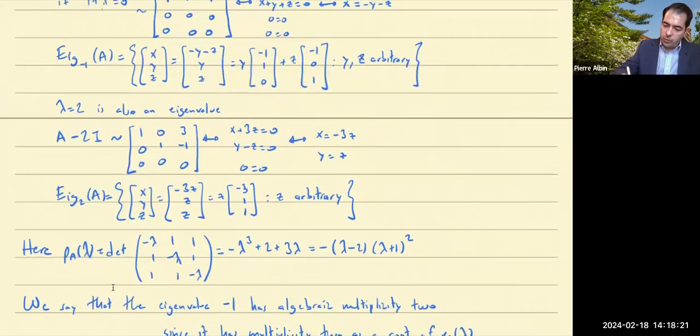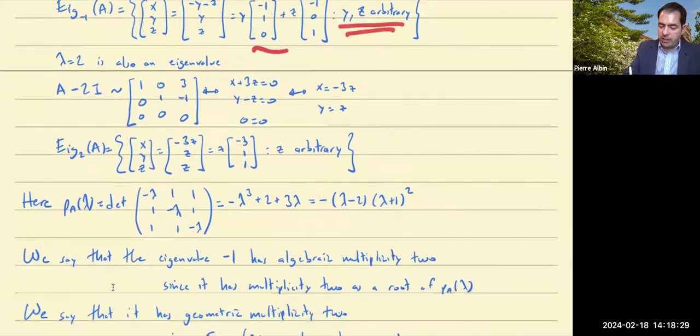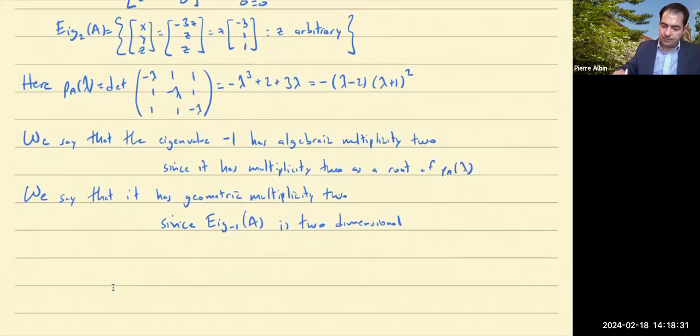Remember, we found it was equal to this space, right? And so it's two-dimensional because I have two arbitrary constants here, and these vectors are linearly independent, right? So another way of thinking about that is because there are two free variables in the reduced row echelon form of A plus the identity.